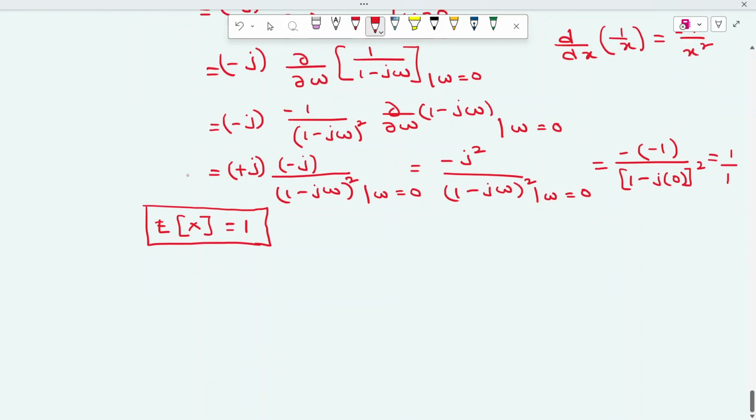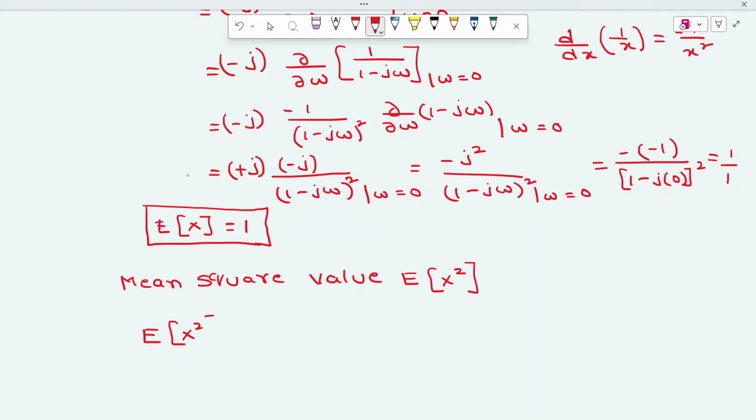Next we will find the mean square value. Mean square value is nothing but expectation of x square. So here n will be 2.